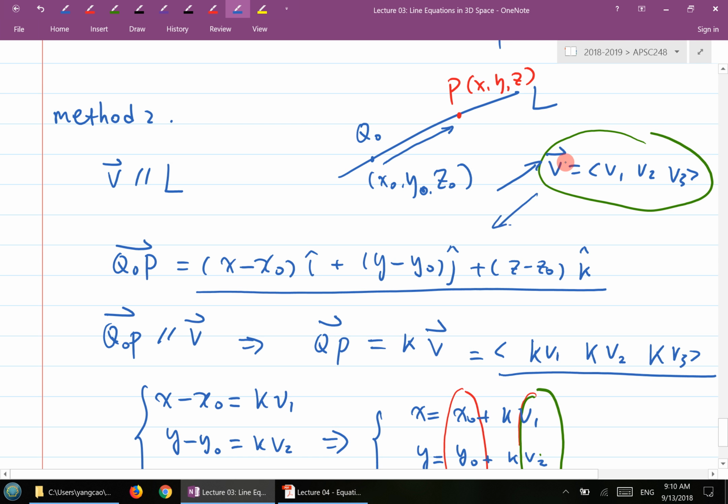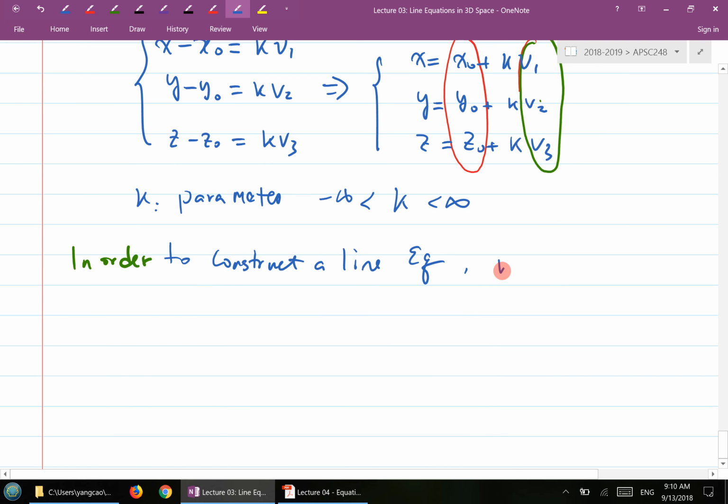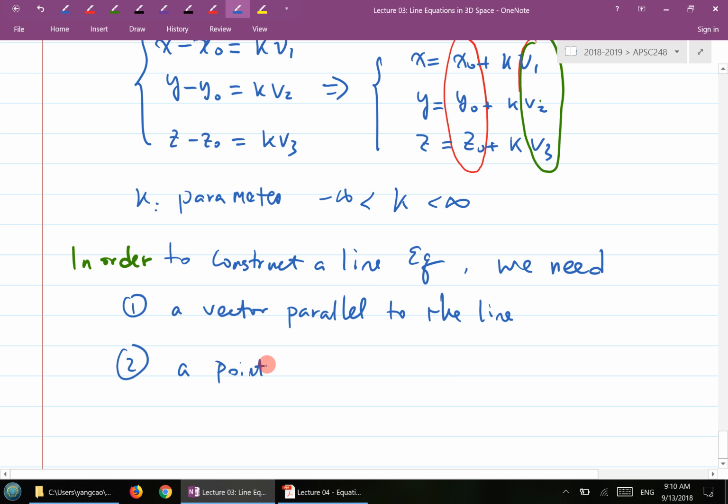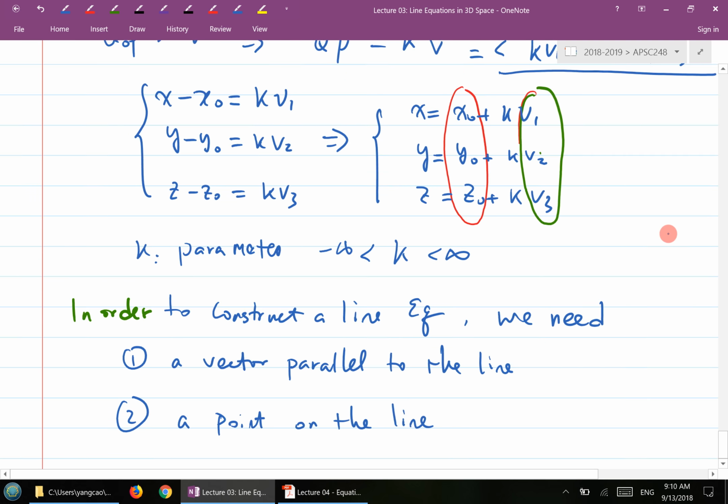So basically, we need a vector parallel to the line, and we also need a point on the line. If you have these two pieces of information, all you need to do is plug them in here, here, here, and you get your line equation. That's the conclusion.